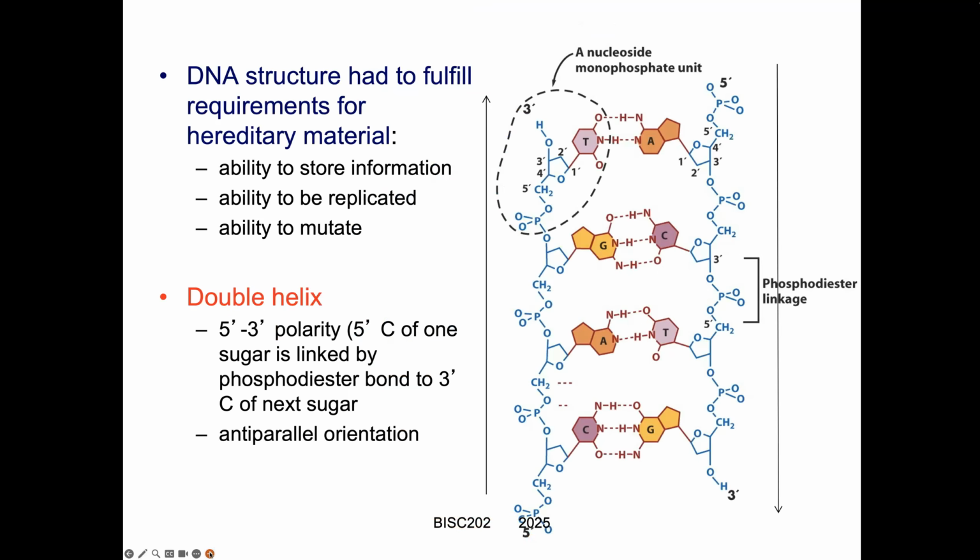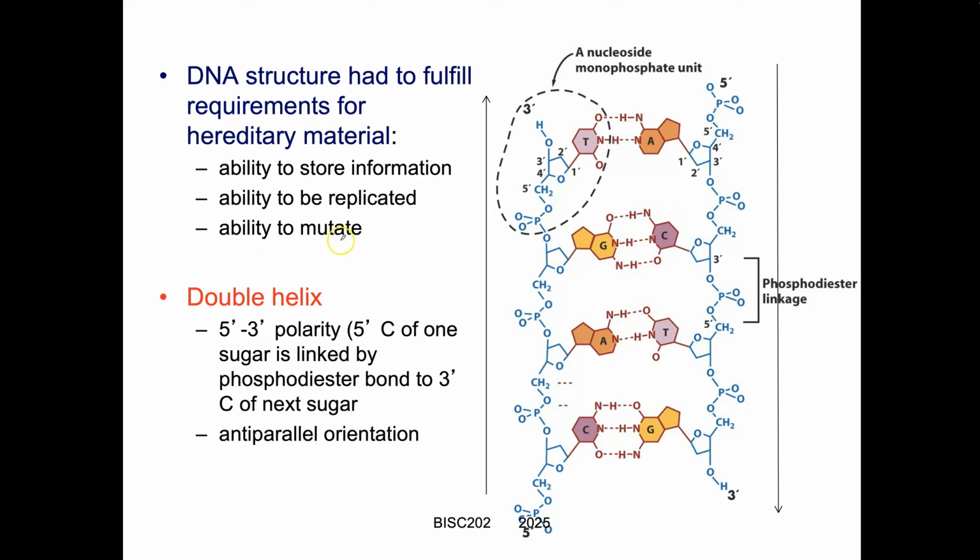And the structure that they came up with fulfilled all the kinds of requirements you would expect of a hereditary material. So you would have to have an ability to store information, and if you look at the sequence of DNA, in different genes and so on, the DNA sequence differs. And so looking at different combinations of A, C, T, and G could give you different forms of information.